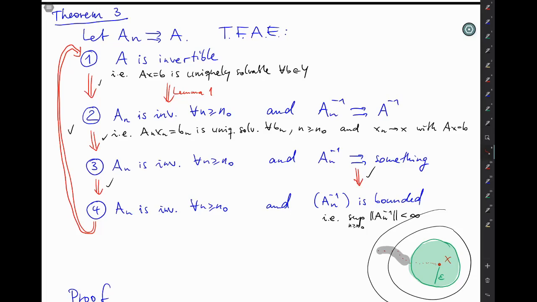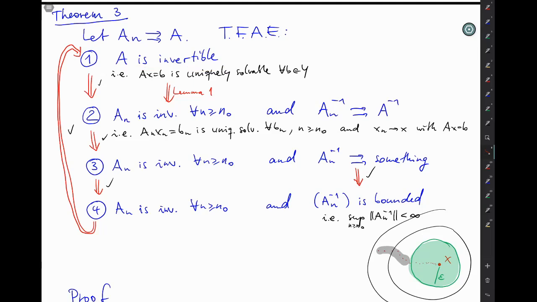Let's take another look at our very nice theorem 3. When I saw this for the first time, I found it very surprising because condition 1, invertibility of A, was kind of our minimal assumption before we even started this whole idea of approximating the equation.